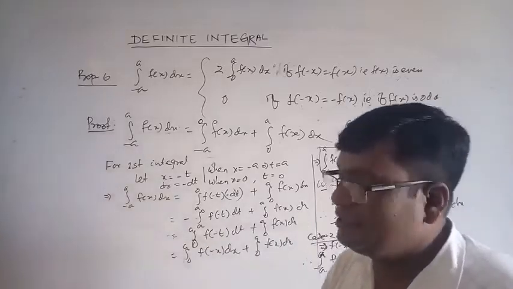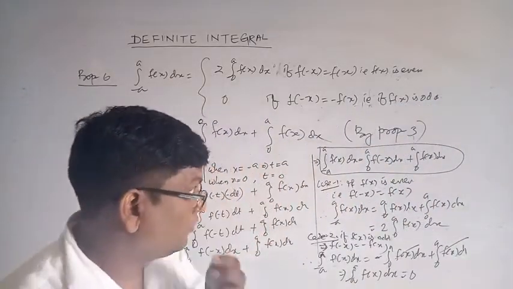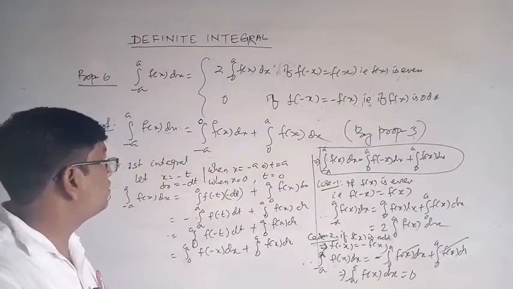Okay, this is property number 6. Now some examples of property number 6.